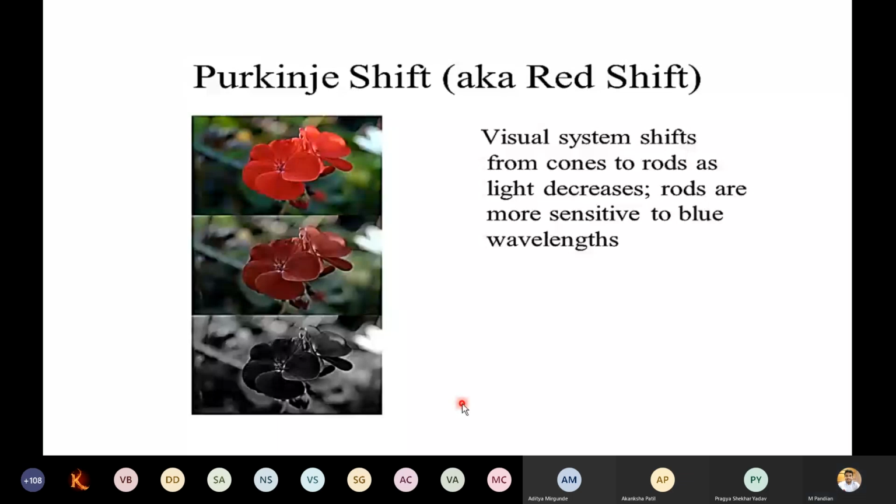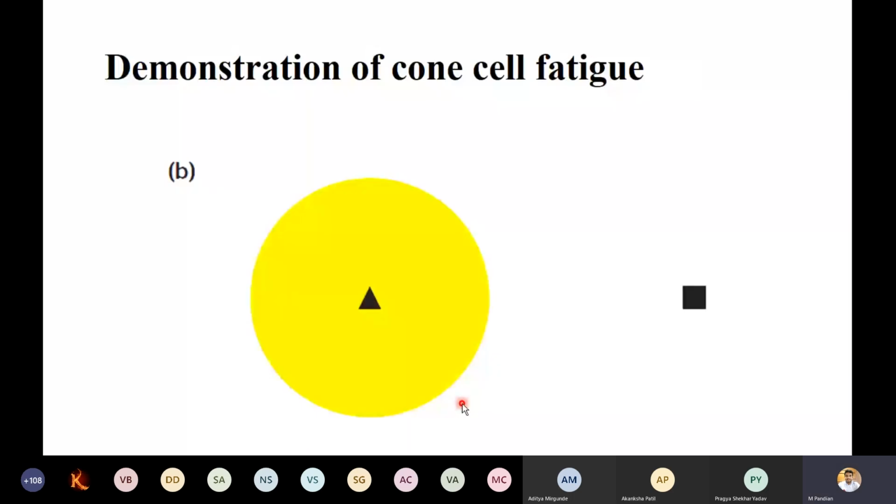Now the cones will get fatigued. Guys, everybody, now you have one task. Everyone, you have to put your answer in the chat box. Just focus on the triangle. Don't move your eyeball.